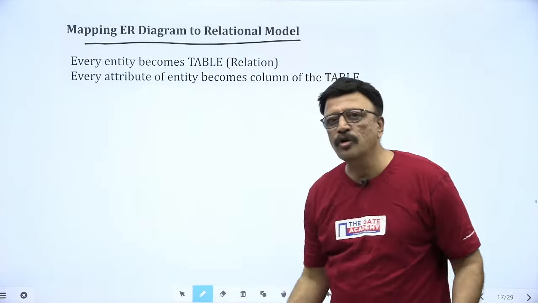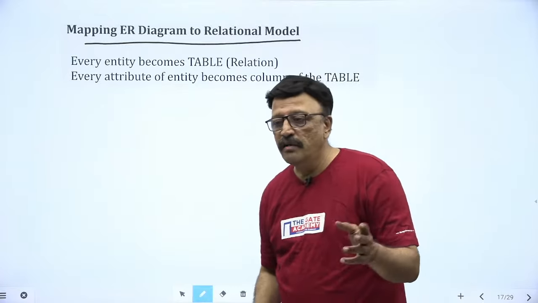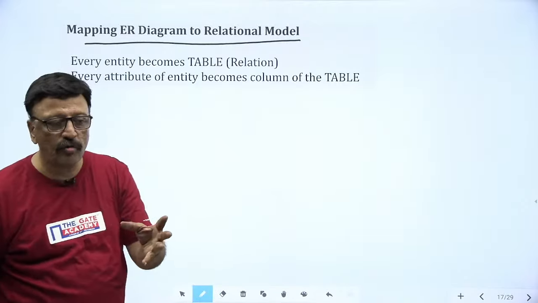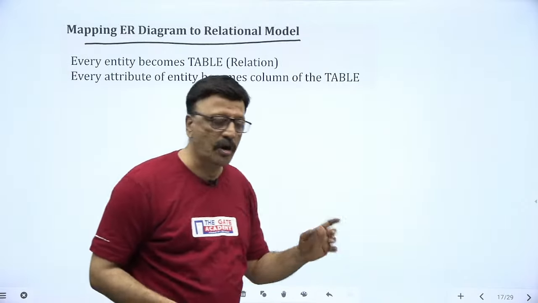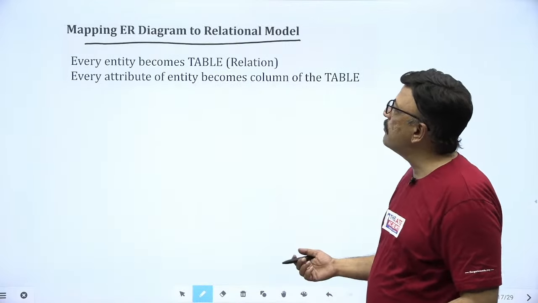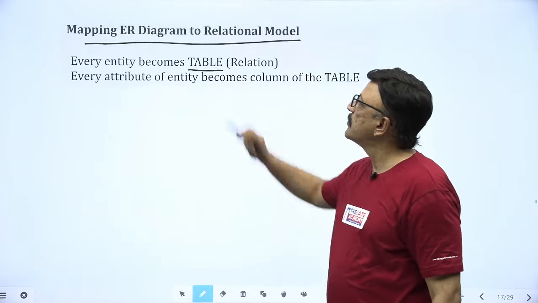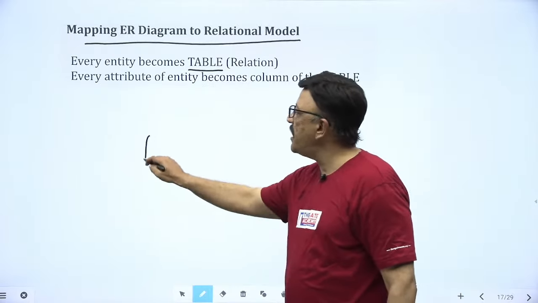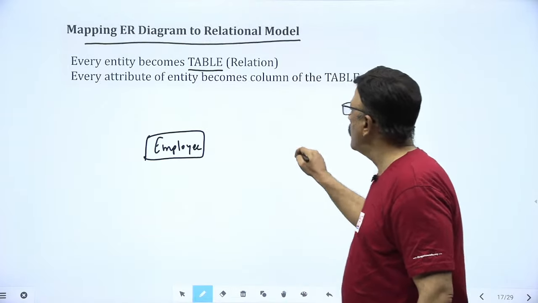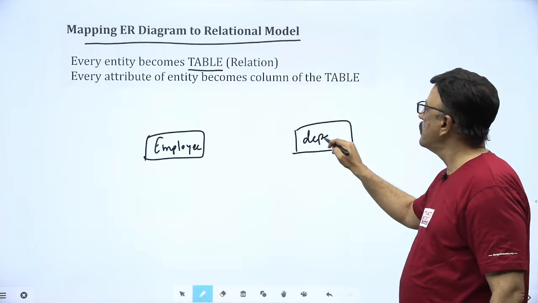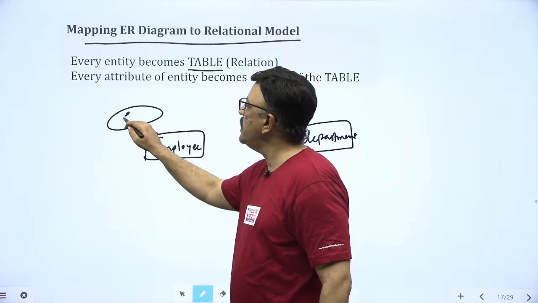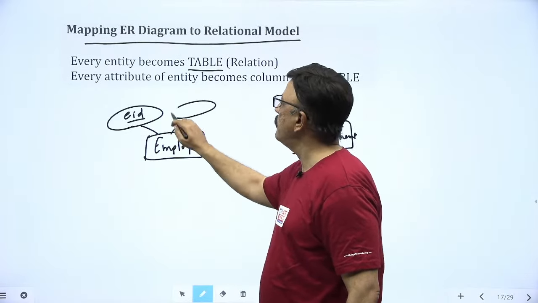First of all, what do you mean by relational model? You see, we started our lecture with the ER model, entity relationship model. I hope you have gone through the tour properly of the ER model. What is the relational model? The relational model talks about tables. What happens is, if we have an ER model like this, employee works for department, and employee is having attributes EID, employee ID, name and salary.